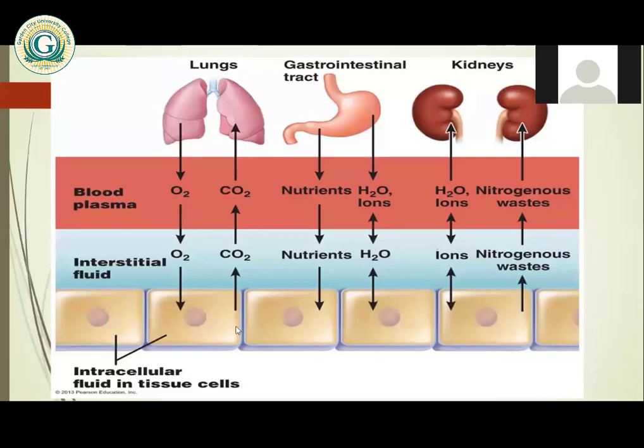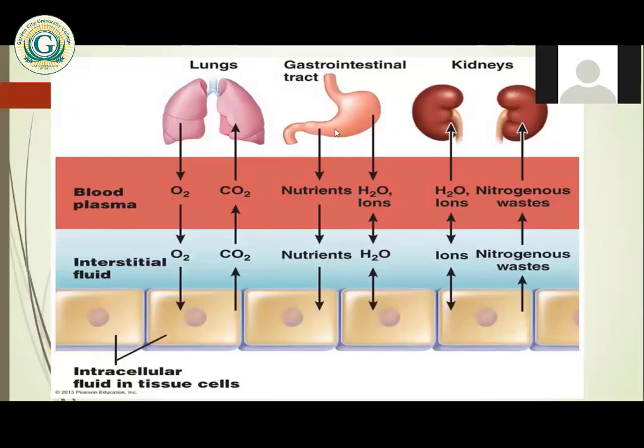In the same way, at the end of metabolism, you can have carbon dioxide diffusing across the cell membrane into the interstitial fluid. Then carbon dioxide will diffuse from the interstitial fluid into the blood. And blood will take it to the lungs, and then carbon dioxide will diffuse from the blood into the alveolar sacs, where you breathe out the carbon dioxide.